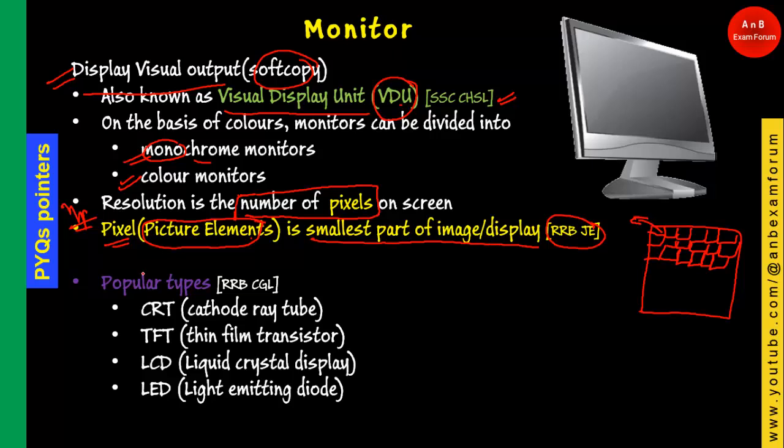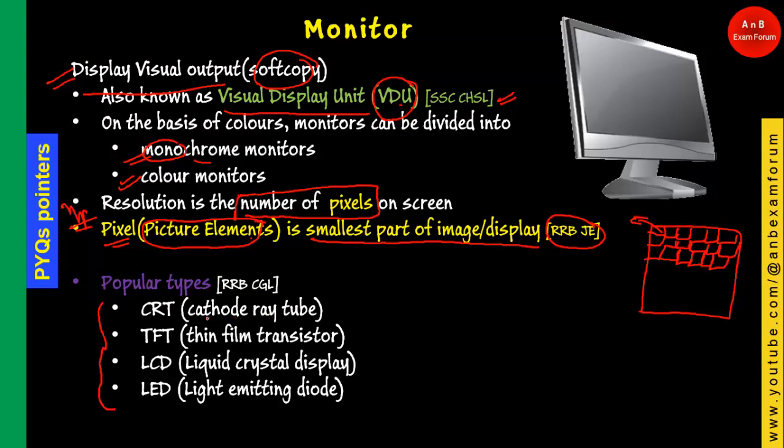And in SSC CGL, sometimes they will ask you about the full forms or the types: CRT, TFT, LCD and LED. These are the popular types of monitor, and you should remember the full forms. Function-wise all are monitor types, but different technology is used in each.